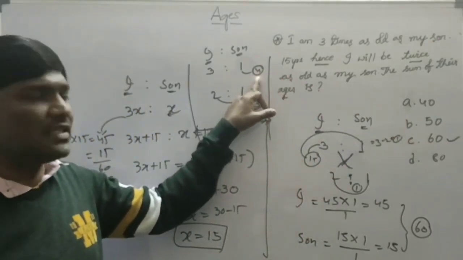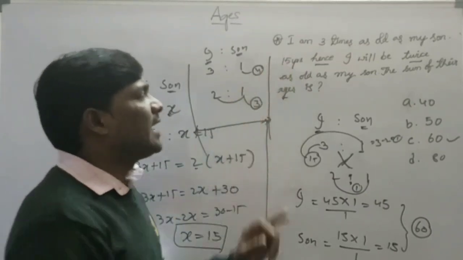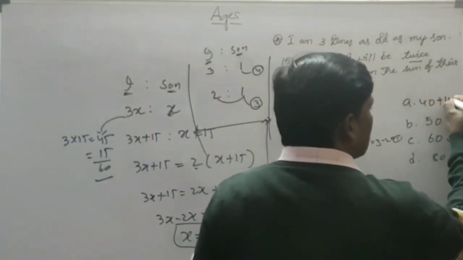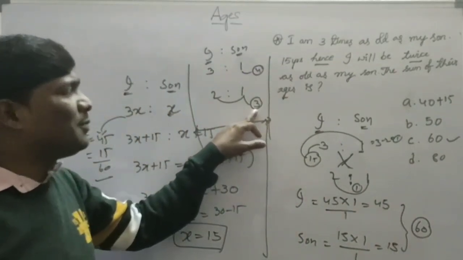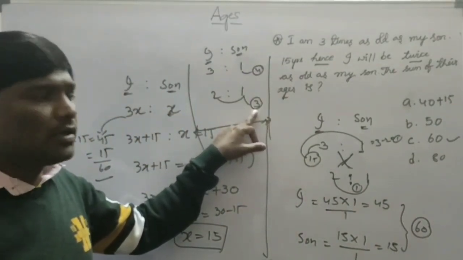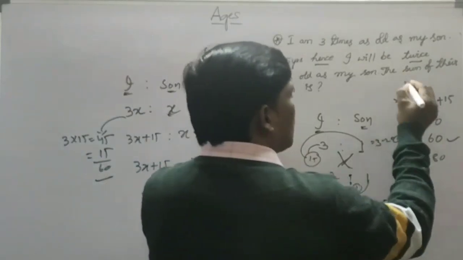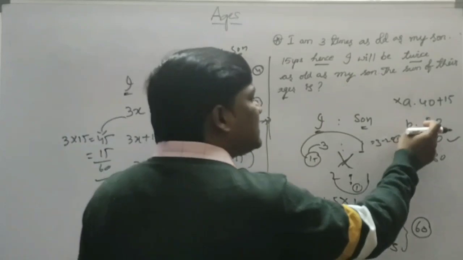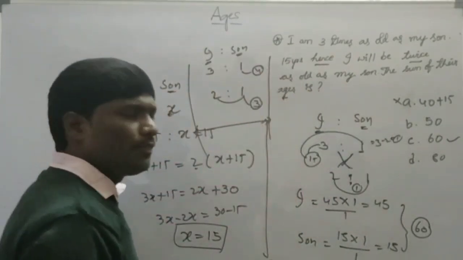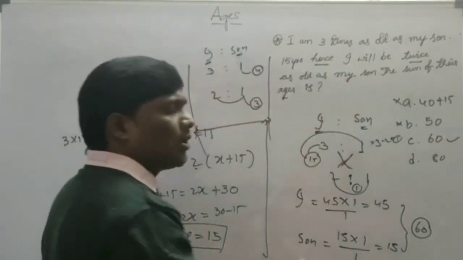Next 15 years hence అన్నాడు. So 40 plus 15, 55. 55 is a multiple of 3? No. So then first option is the wrong option. Then go to second option, 50. 50 is a multiple of 4? No. Then second option also wrong option.